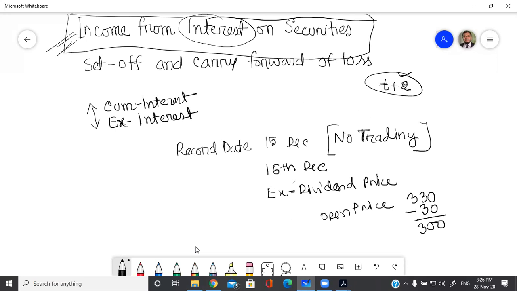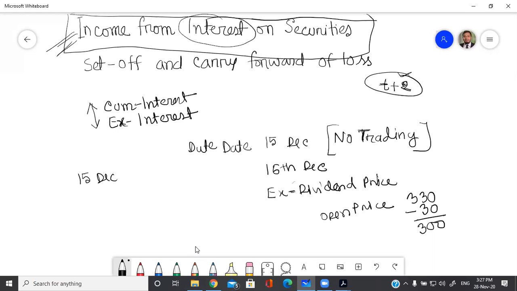In interest income, there is no record date. Here we say the due date. Say in your financial management bond valuation problem, you would see the interest income is due like this. For example, every 15 December interest income is due, or interest income is paid quarterly, and on the 15th day of the quarterly month, interest income becomes due.